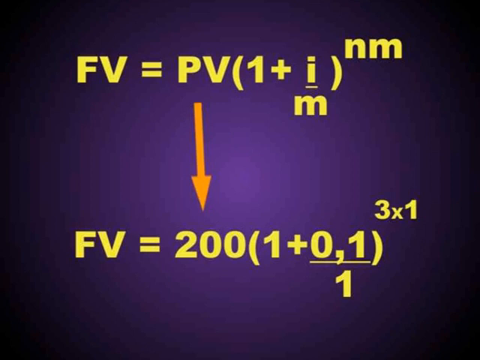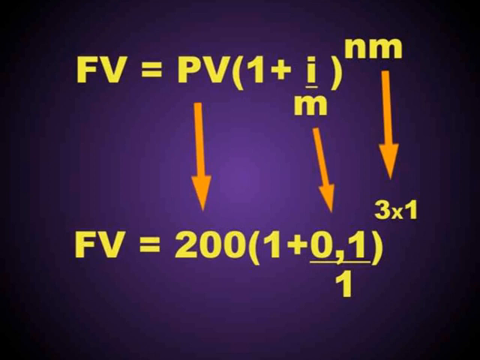So it reads future value is equals to present value of 200 Rand, open bracket, 1 plus our interest is 10% or 0.1 over m, which is just 1 in this example, to the power nm. n always denotes the number of years.